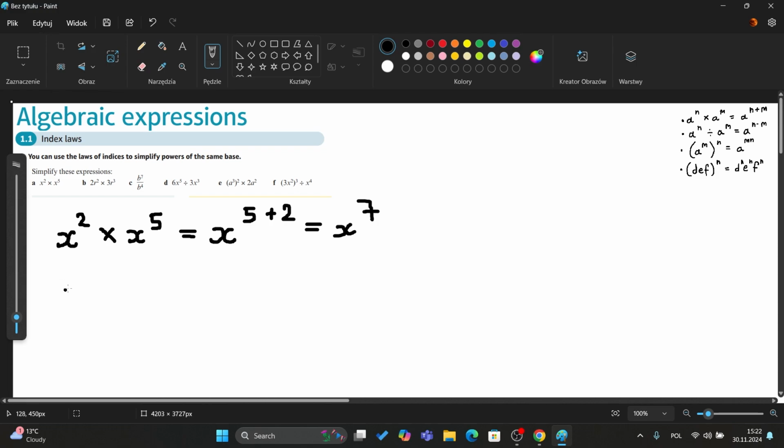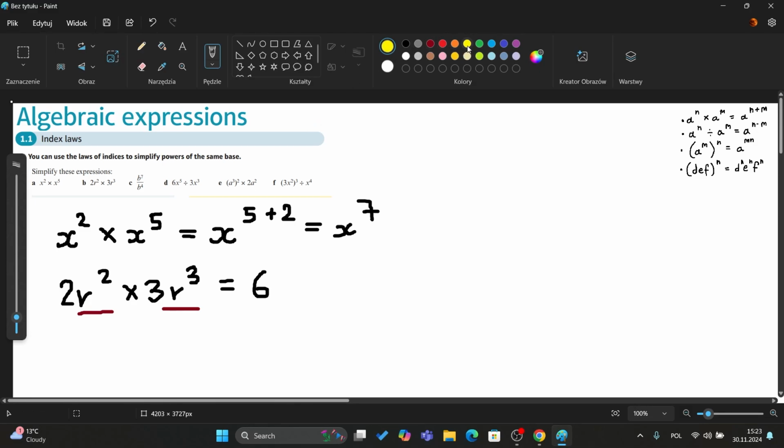Now what happens when we have numbers and letters together? We do the same as we would in normal multiplication, so numbers with numbers and the base r with another base r. So 2 gets multiplied by 3, which is 6, and r squared times r cubed are multiplied separately.